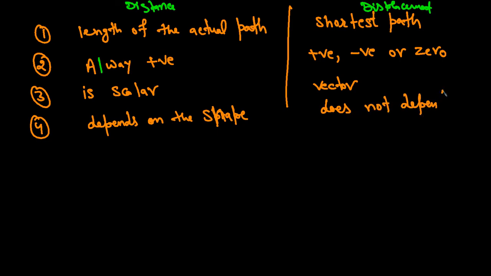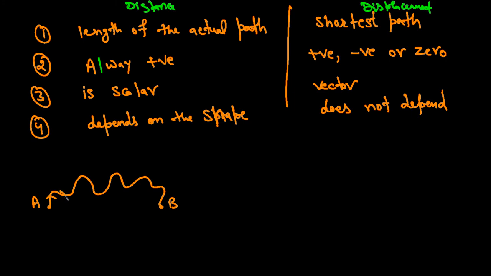I'm going to give you an example for that. Let's say I have a particle that moved from here to here. It went this way. Let's say A is the initial point and B is the final point.